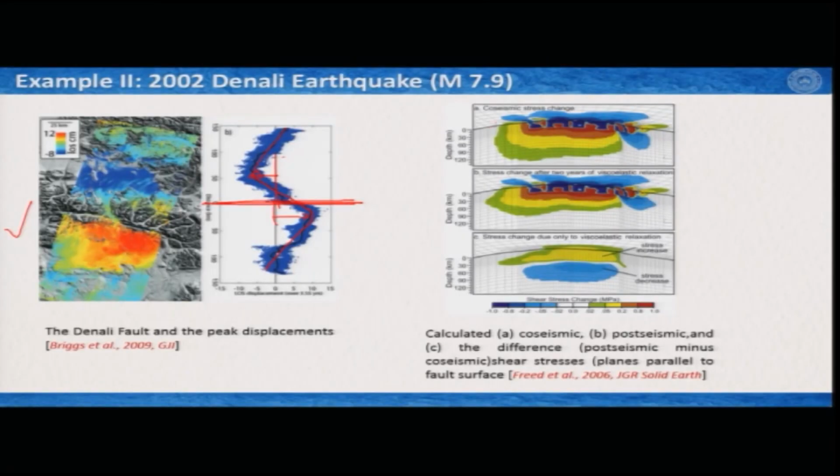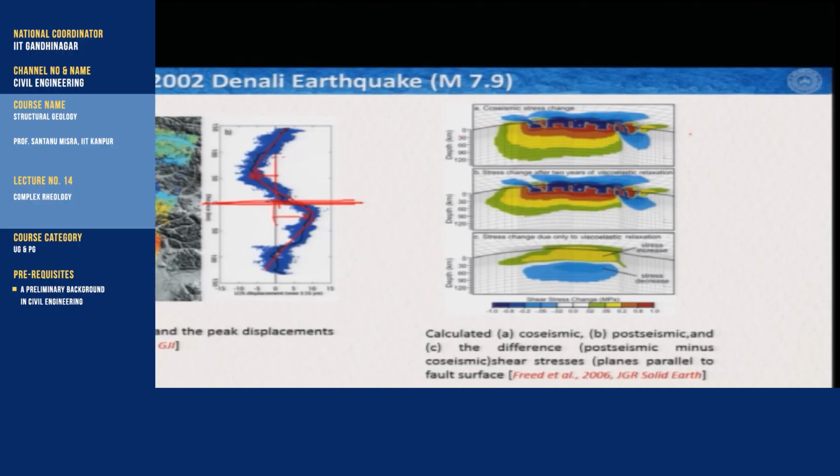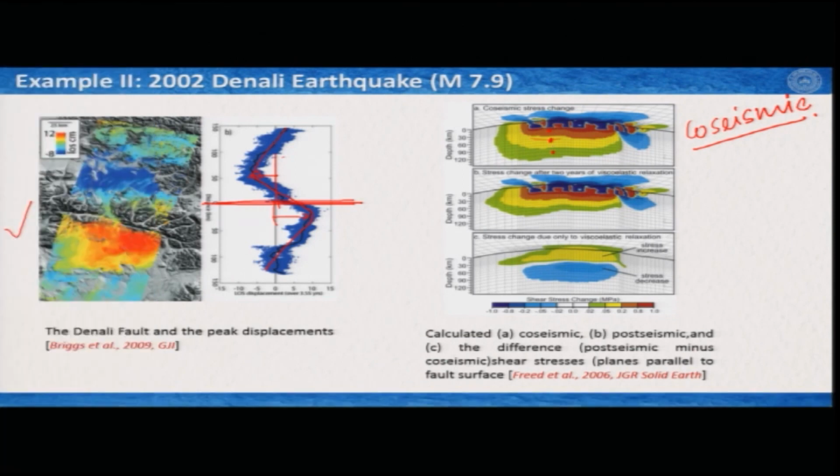So, this is a co-seismic stress change. What we see here is this yellow, then orange, then yellow, then green. These are your stress accumulation immediately after the earthquake.